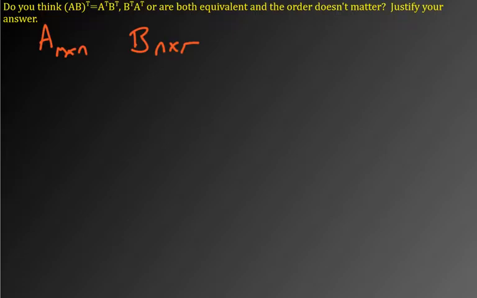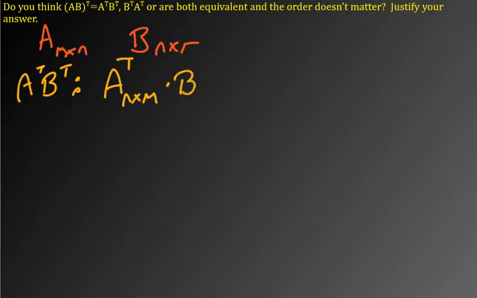If you do A^T B^T, you'd be doing an n by m matrix, this is A transpose, times an r by n matrix, B transpose. And if you look at that, you should be confused because you can't do that matrix multiplication. This does not work. You need this to be the same size as this, and it's not.